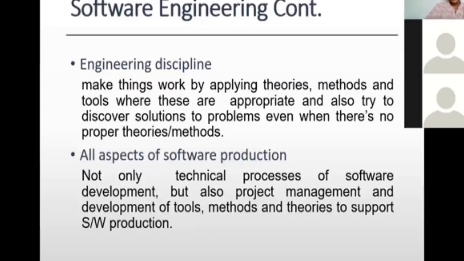Why? We are using existing theories, existing methodologies, and appropriate tools. If we don't have anything, what do we have to do? We have to create something, develop something, and use it. So if we don't have a solution, we can develop one and use it. That is the engineering discipline.